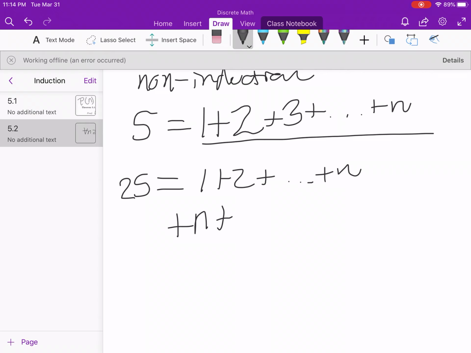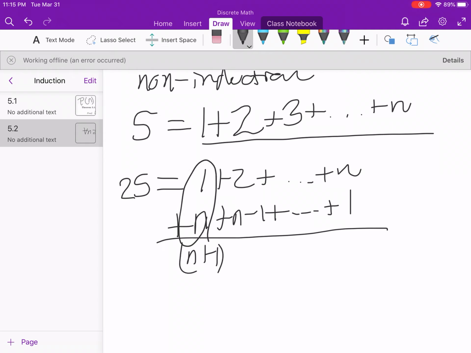So I'm going to write it this way, plus up to 1 or something like that. So if I were to add these together, I've got n plus 1. If I add these together, notice I've got plus n plus 1.